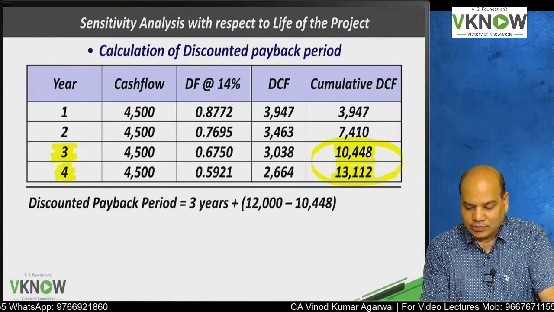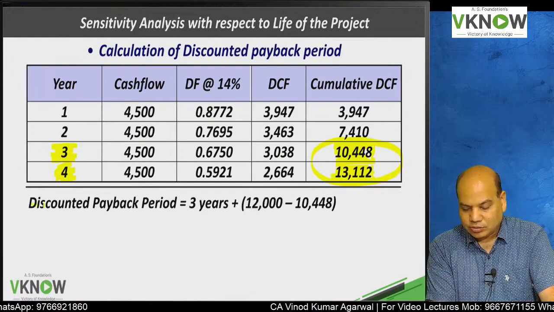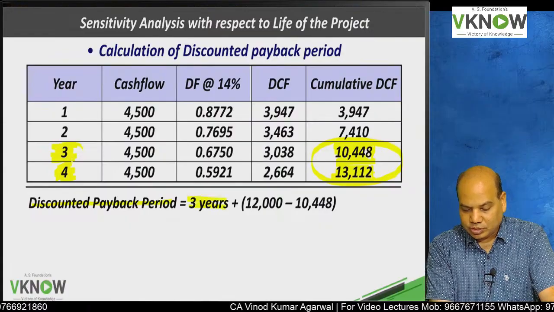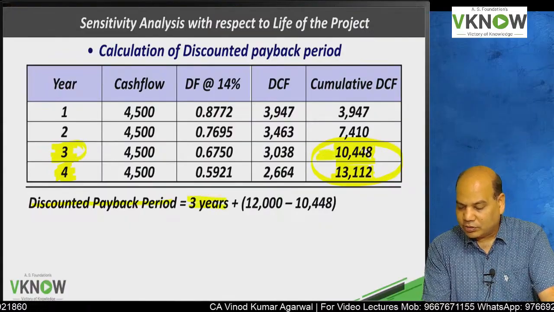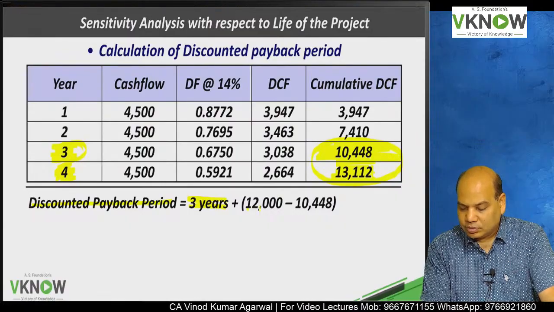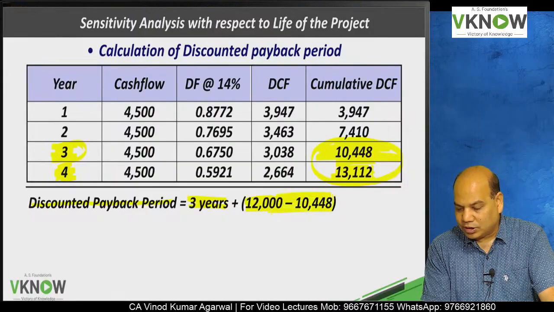To calculate the exact discounted payback period, you will write 3 years, because in 3 years we have recovered 10,448, and I need to recover 12,000 minus 10,448.